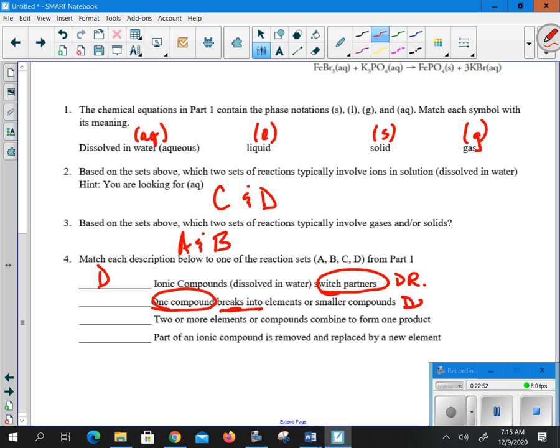That would be decomposition, which is set B. Then two or more elements or compounds combine, and the combining and the one product is your key. That is synthesis, which is A. And then part of an ionic compound is removed and replaced. It's bumped out and replaced, so that is single replacement, set C.